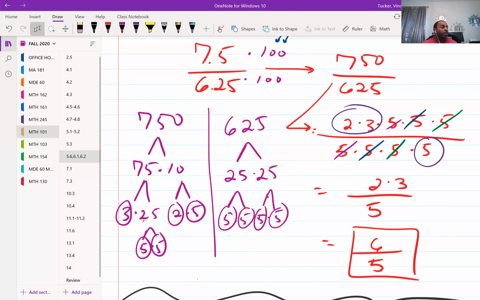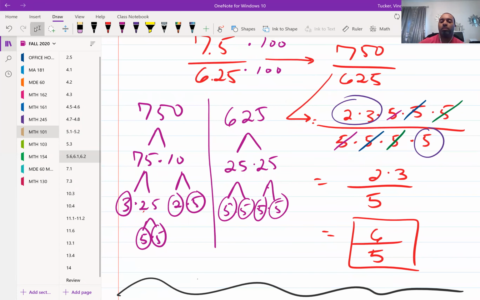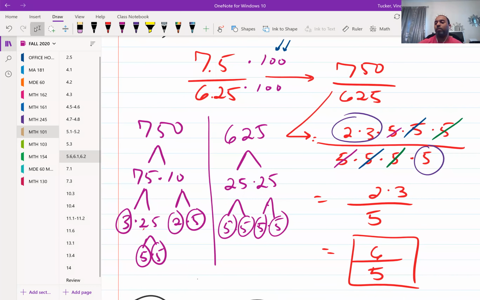So 2 times 3 is 6, 5 on bottom, 6 over 5, or 6 to 5 ratio. All right. Questions? Any questions?